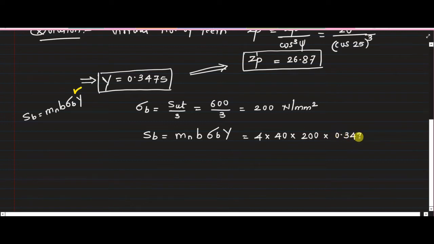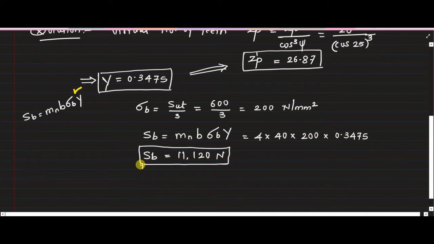You put all of these entities in your calculator, you will get the value of SB as 11,120 Newton. We will save this value. We will put a bracket around it so that afterwards we will be able to locate it.